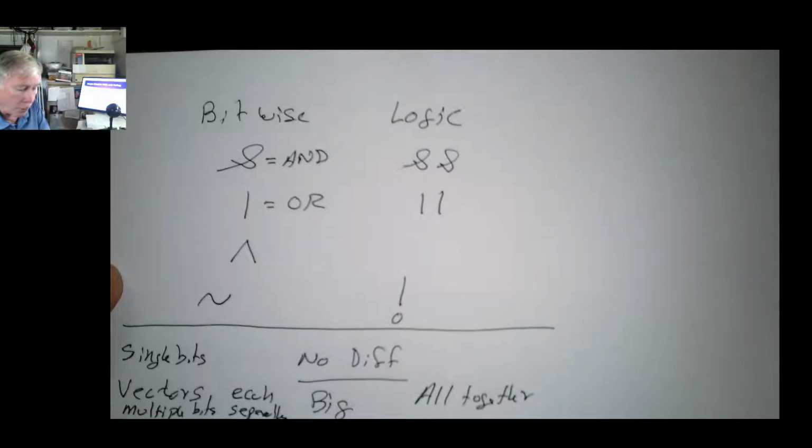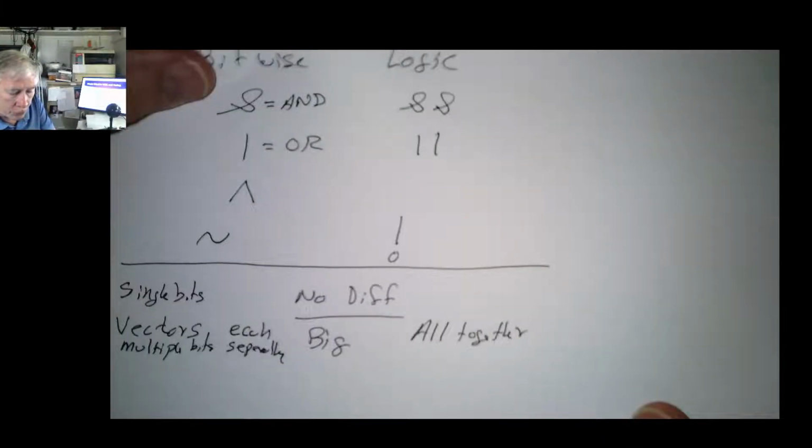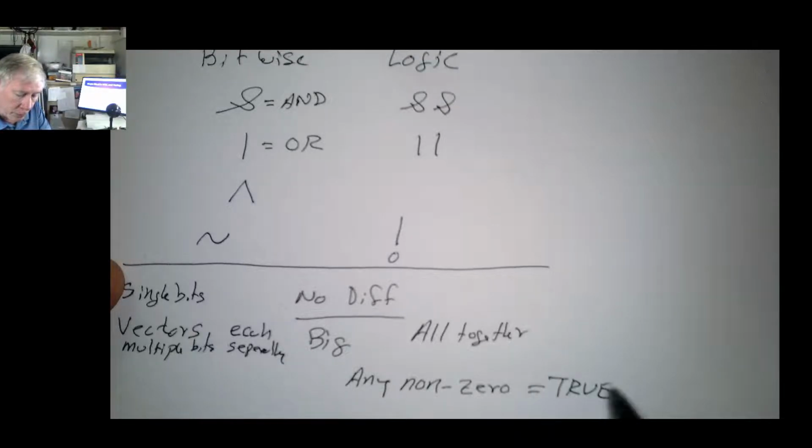Now, the big difference is we use this concept of true or false. So in the logical world, any non-zero equals true, and we represent that with 1.